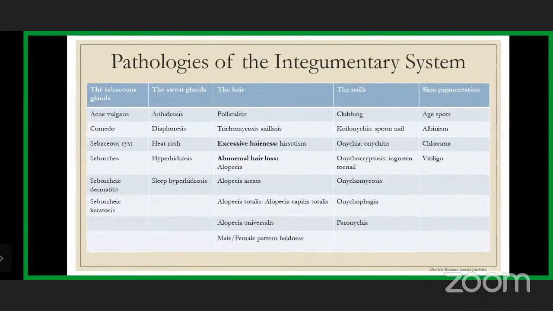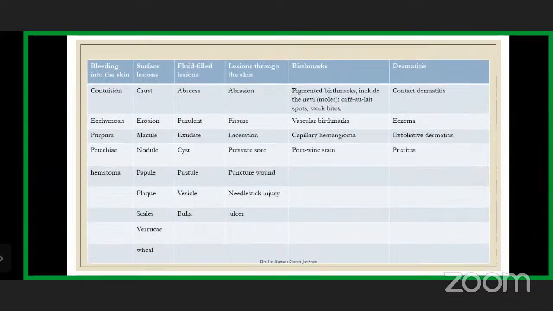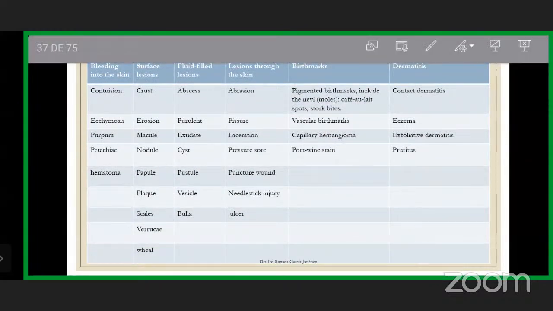And now we have the pathologies of the integumentary system, just as information, just for checking how to write down the situations and how to consider them when classifying, okay? We have 3 charts of this.